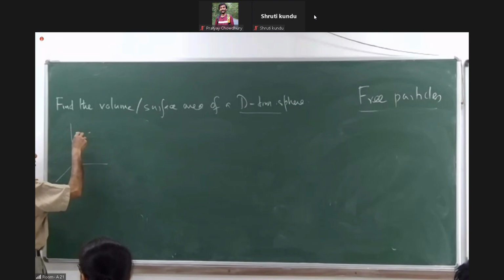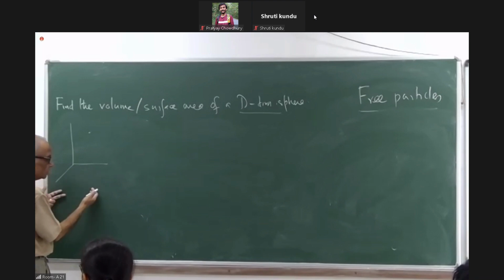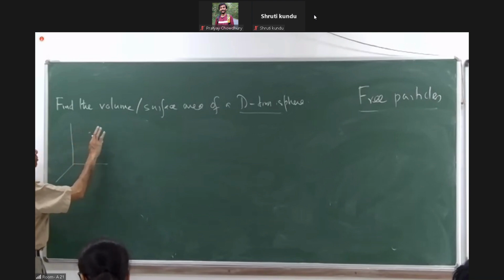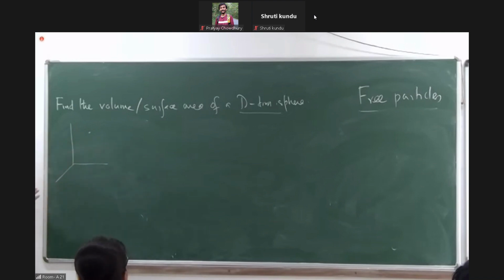The system is made of N particles, and so this space is maybe 3N-dimensional, maybe 6N-dimensional, which is the maximum, and so on. Therefore, I need to know what happens in an arbitrary d-dimensional space if I have a d-dimensional sphere, because that's the only figure that I can deal with. Then what is the volume and what is the surface area?